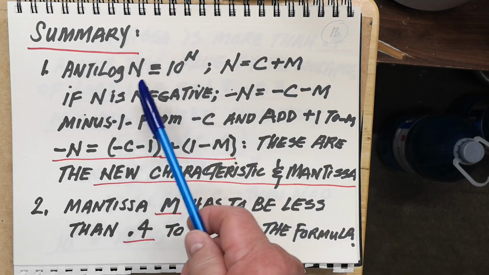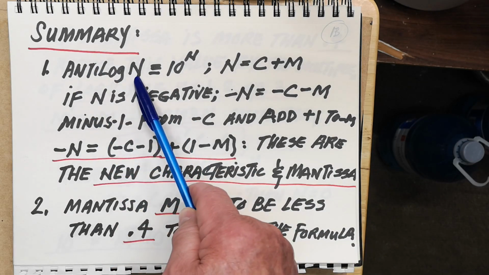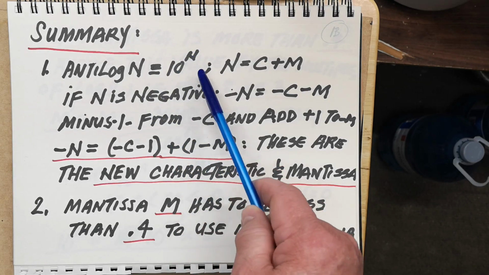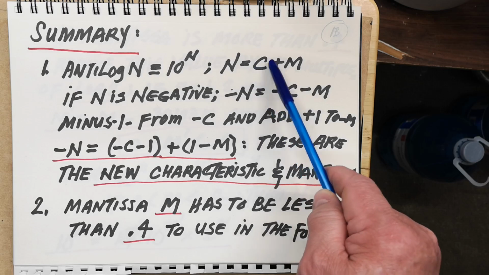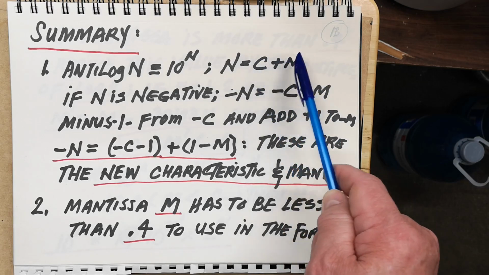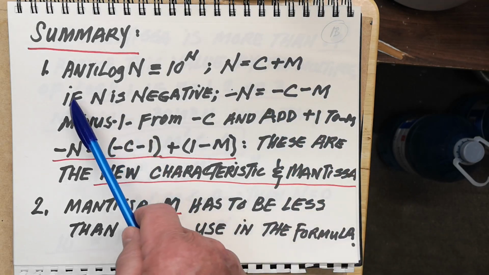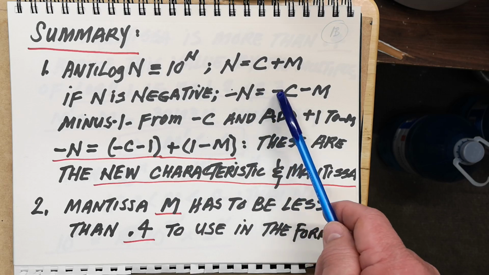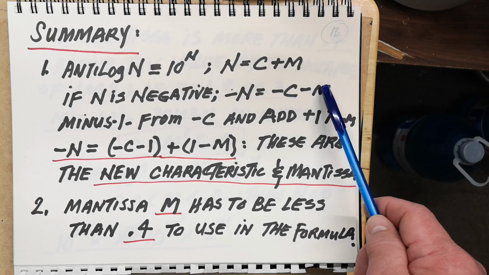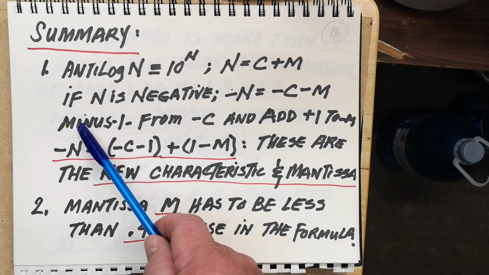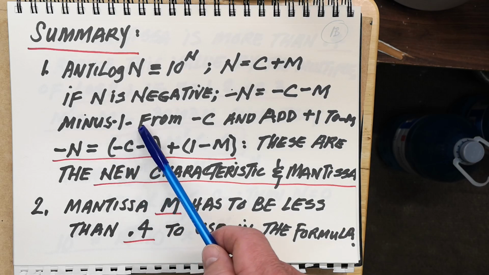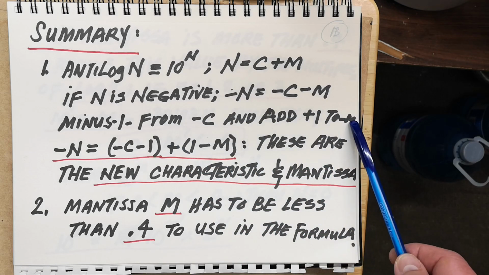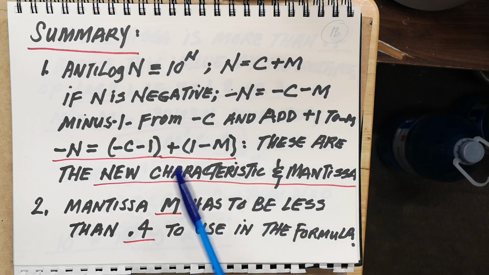So in summary, the antilog of a number n is equal to 10 raised to the n, in which n is equal to c plus m, the characteristic plus the mantissa. If n is a negative number, negative n is equal to minus c minus m. So subtract 1 from minus c, and add 1 to the minus m mantissa.